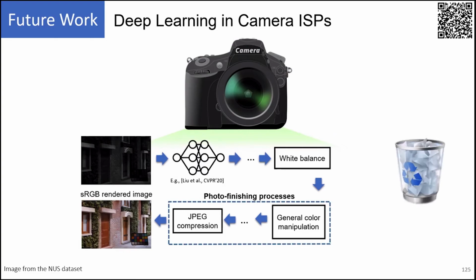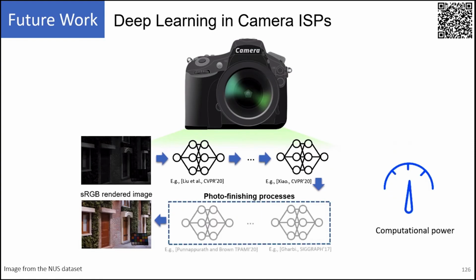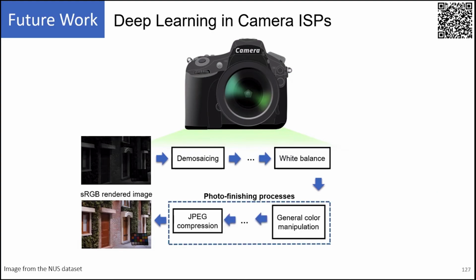And we can do that for any other step in the camera pipeline, like white balance or any denoising step. But before going in this direction, we have to keep in mind that computational power is very limited in camera ISP hardware. Either we use deep learning or classical methods to do the tasks in the camera ISP.